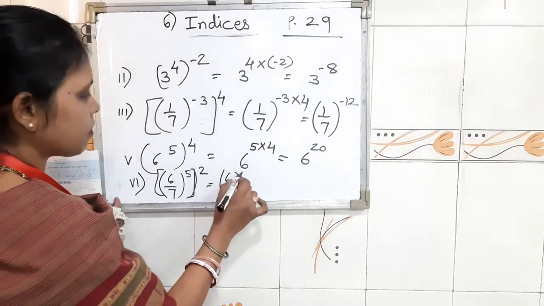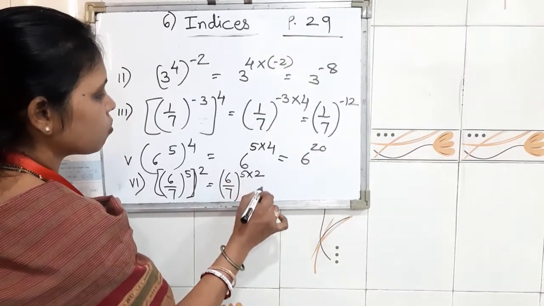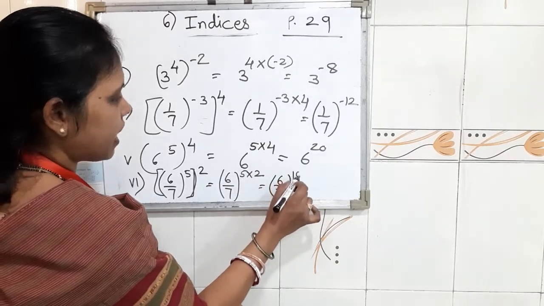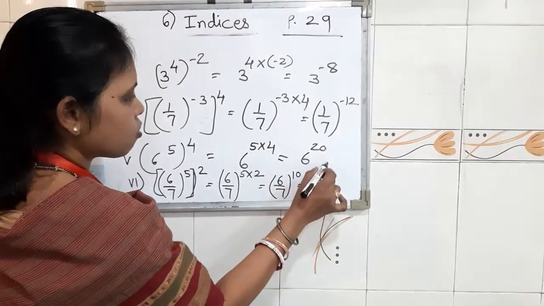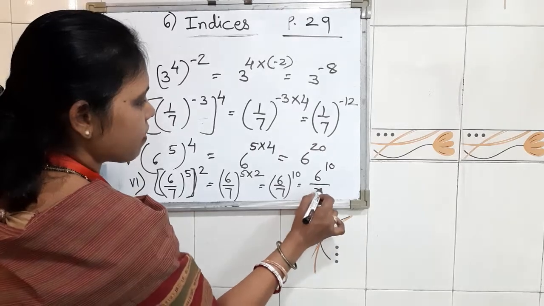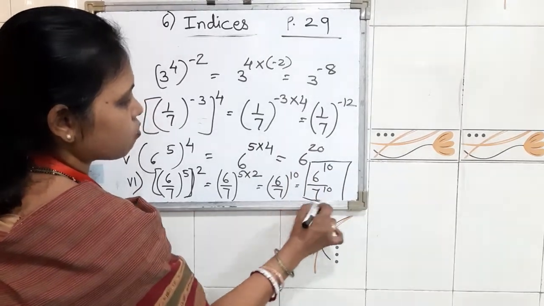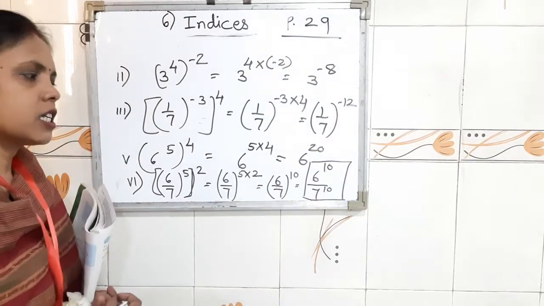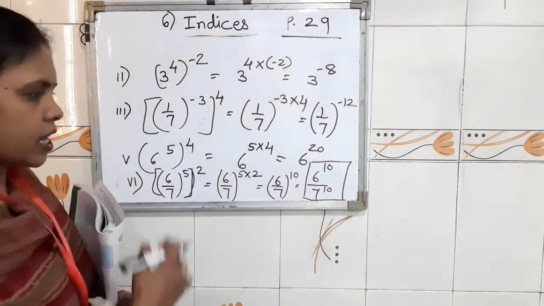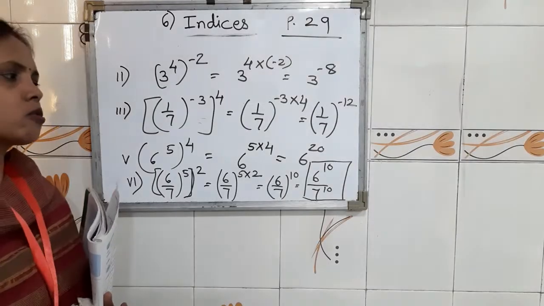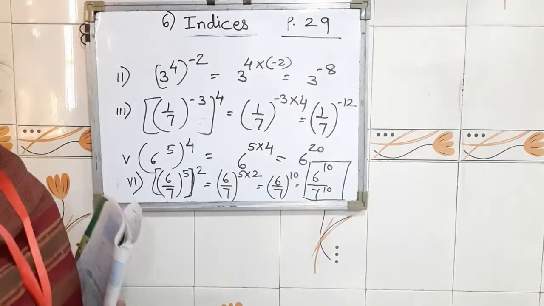Index we will multiply, 5 into 2, that is 10. Here 6 raised to 10 as well as 7 raised to 10. For both we can write it this way. The meaning is the same. I hope you all understood the solved sums.